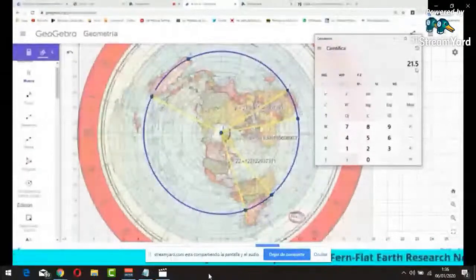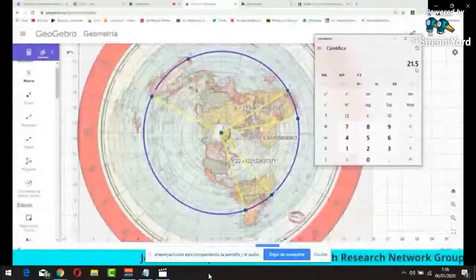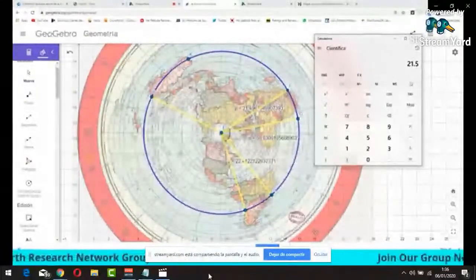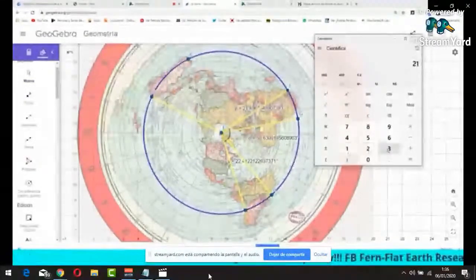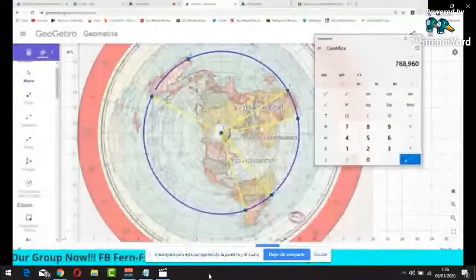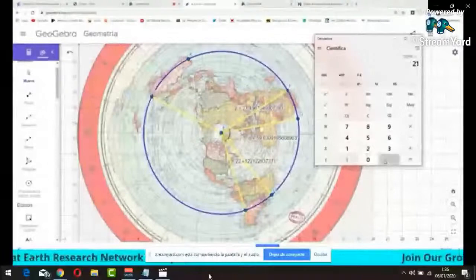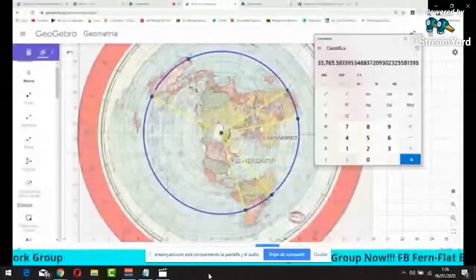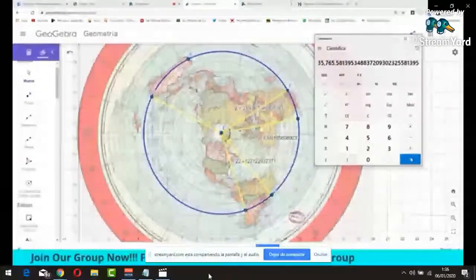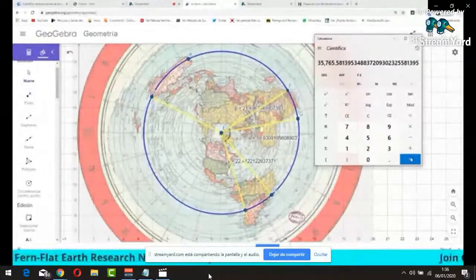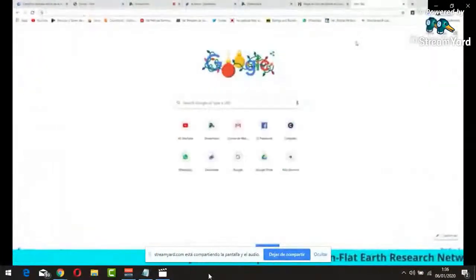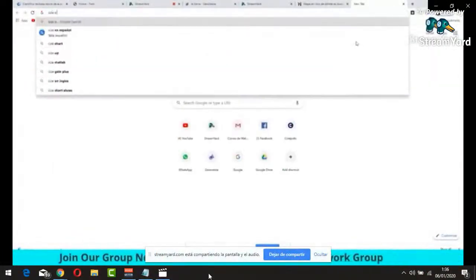So using Africa to measure the Capricorn, our final number is 35,765. This is weird, because it's not exactly the number that they normally share.